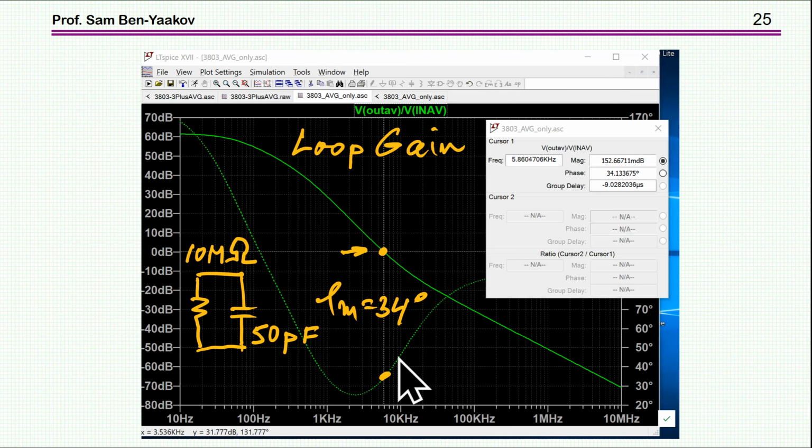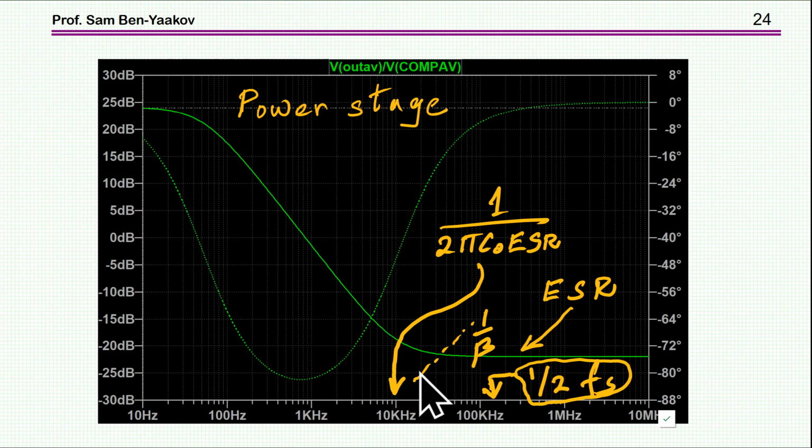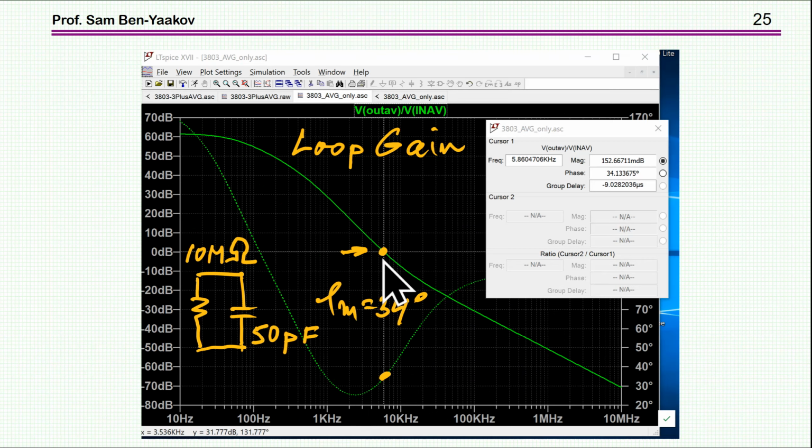So by changing the compensation network to merely 50 picofarad, which will do the trick, because all that I need here is, in this case, just a pole. And then I'm getting a crossover frequency of 6 kilohertz rather than 1.5, and a phase margin of 34 degrees. I didn't try to tune it to better than that.